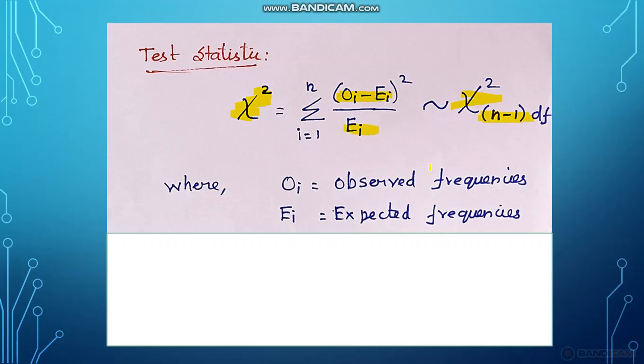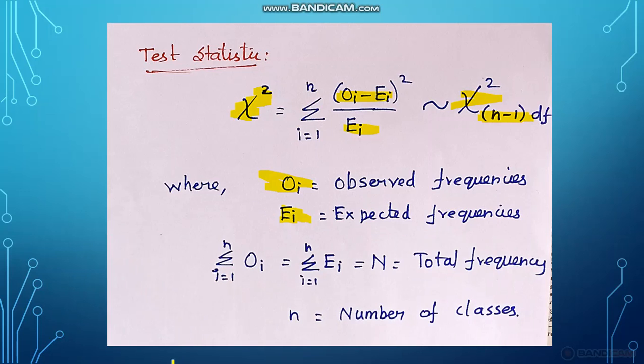Here OA means observed frequency and E is expected frequency. The sum of all observed frequencies will be the same as the sum of all expected frequencies, which is equal to N, the total frequency.